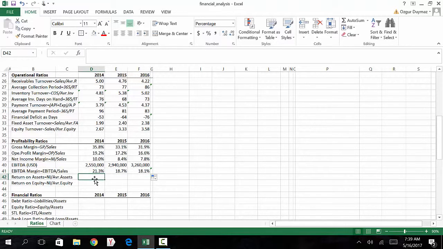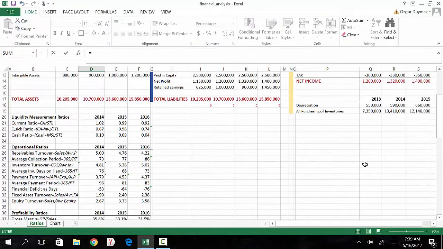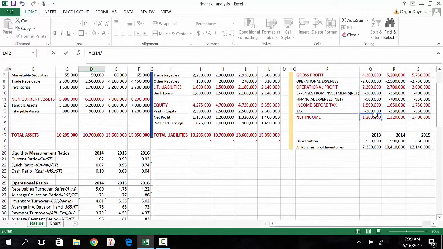And the next one, return on assets, means net income divided by average assets. Net income divided by average assets, plus like that, divided by 2 to find the average one, and parentheses on it.